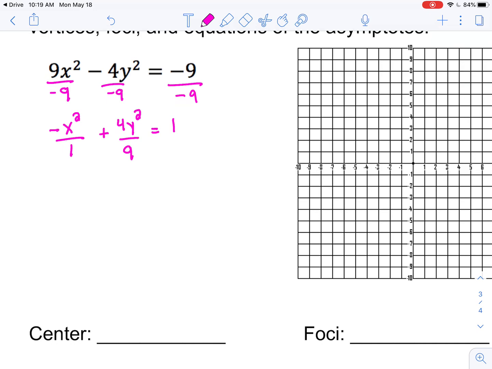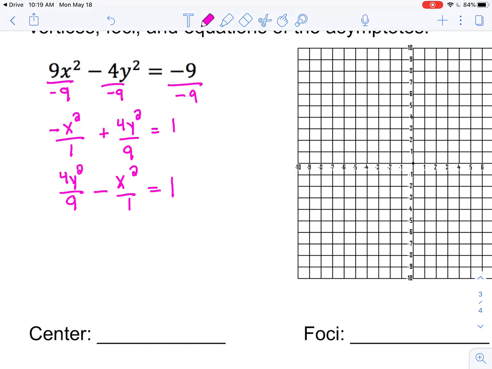So first thing that I notice is I want to rewrite this. It should be a subtraction. So I'm going to put the 4y squared over 9 first, minus x squared over 1 second. The other thing that I noticed is that I have that 4 multiplied with the y. We just want to have the y squared and x squared alone on the numerator of our fraction.